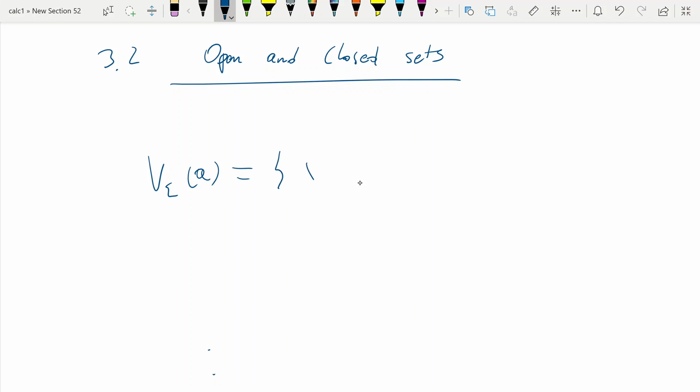We have a point a in R, and the points there are within distance epsilon from a.